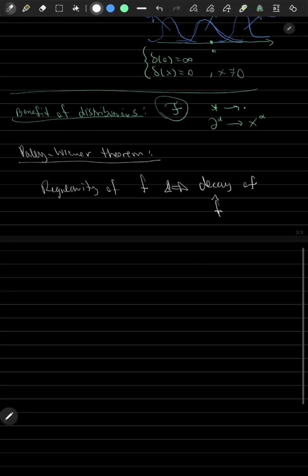We have that also in the context of distributions, except the regularity of f, I'll substitute these by u. It's more conventional to call distributions u. And so the regularity of u might look something like saying that u is an analytic function, a complex analytic function.